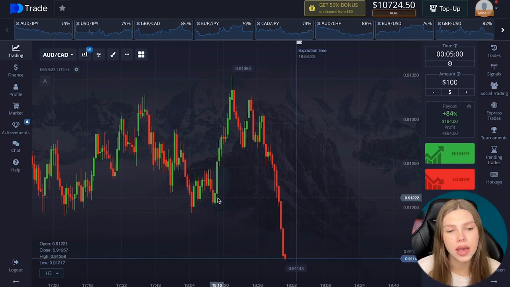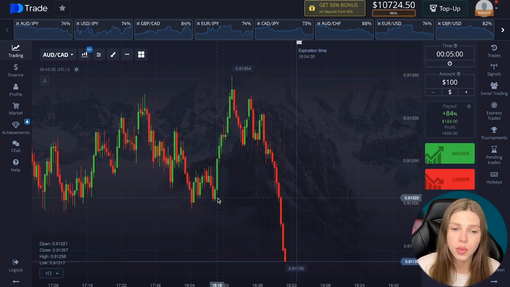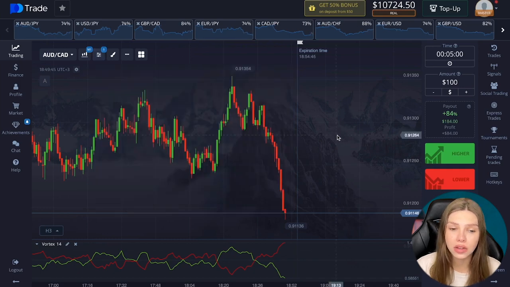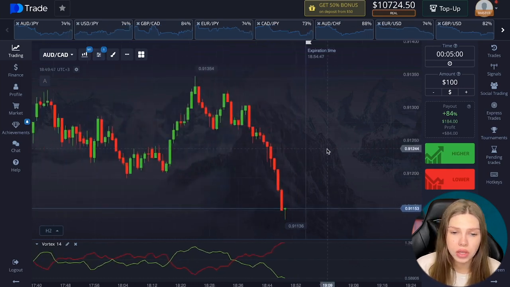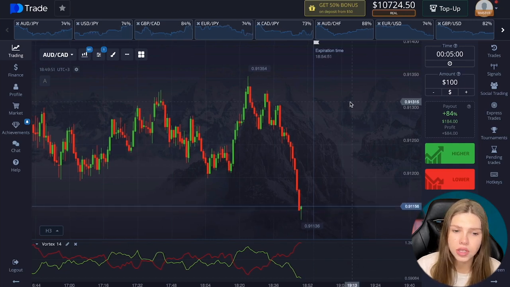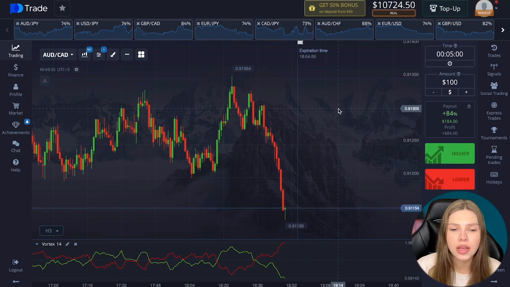We have registered and logged into a demo account, and we want to choose an indicator. Let's say we pick the Vertex indicator, edit it, select the time of the transaction and the amount of the transaction, and start trying to trade.